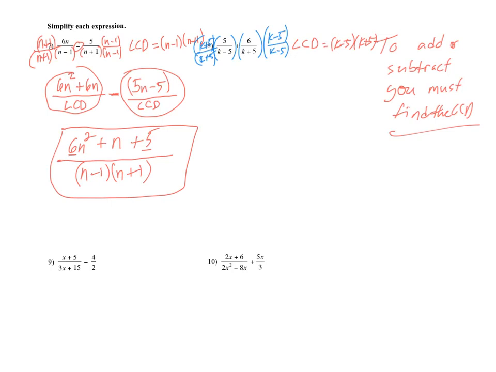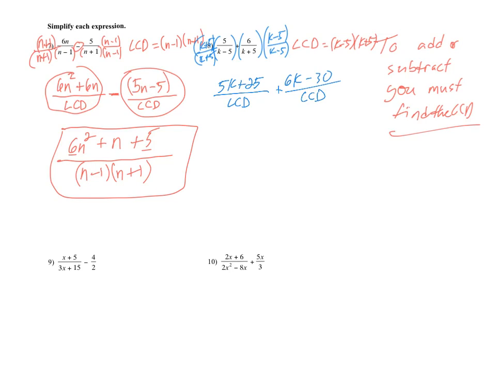Okay, so 5 times k plus 5 gives us 5k plus 25 over our LCD, plus 6k minus 30 over our LCD.